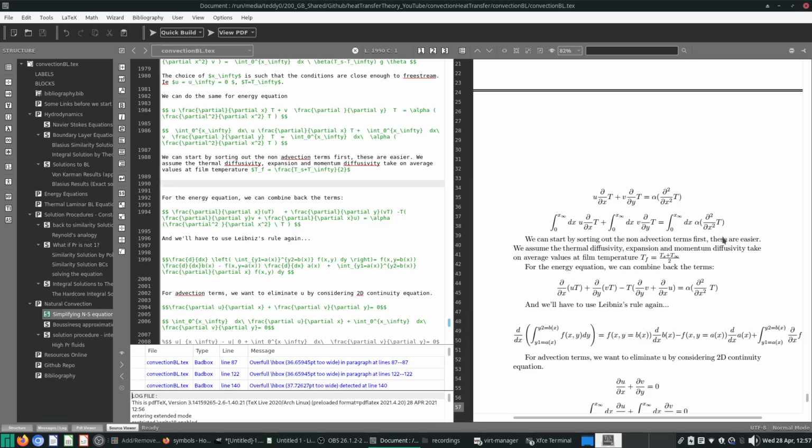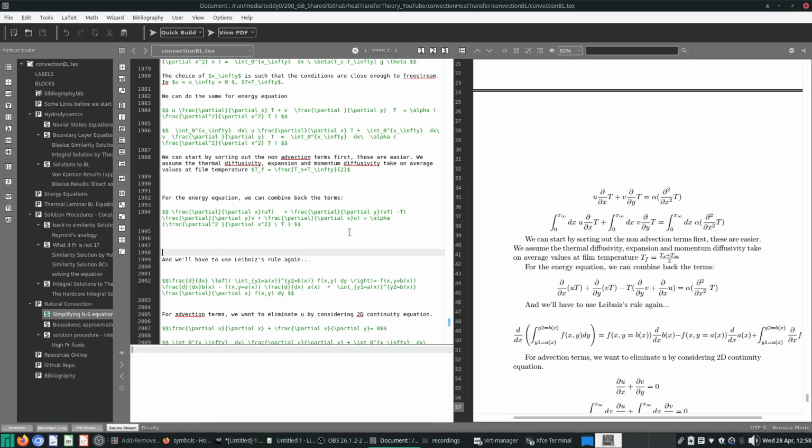I'm going to use the product rule to say that u dT/dx equals d(uT)/dx minus T du/dx, and I'll do the same for the y advection terms. That's why we have this thing over here. It's basically just a product rule thing, so I'm not going to explain too much.